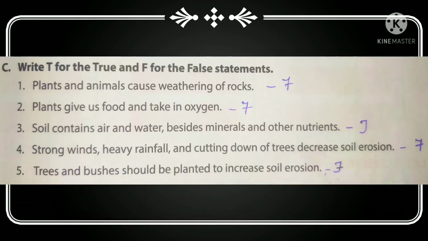True. Fourth one, strong winds, heavy rainfall and cutting down of trees decrease soil erosion. False. Fifth, trees and bushes should be planted to increase soil erosion. False.